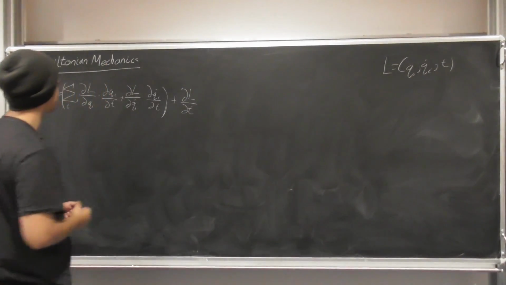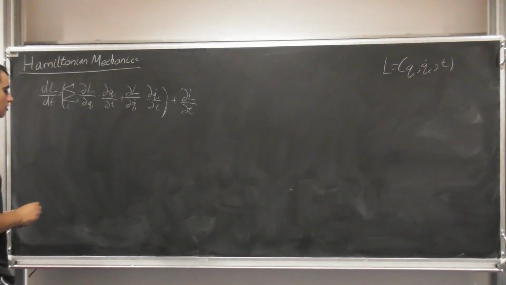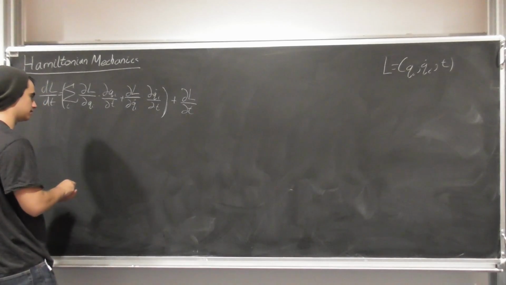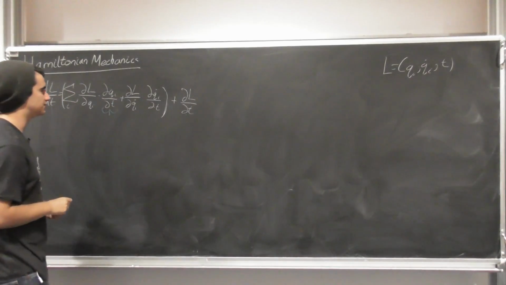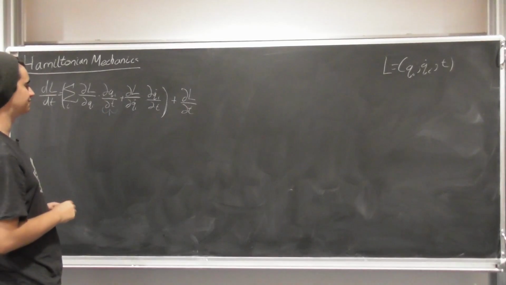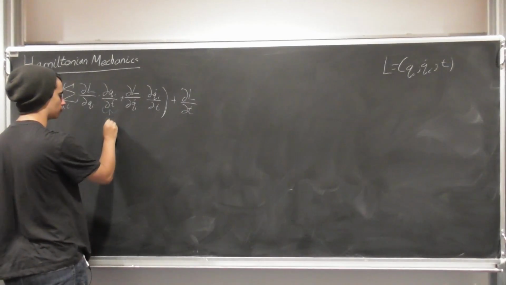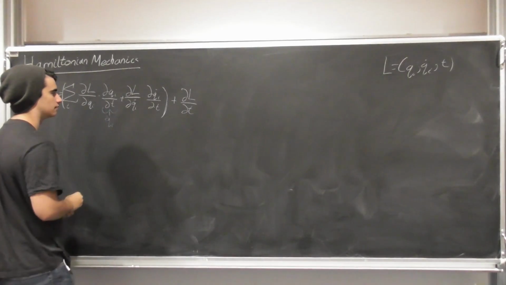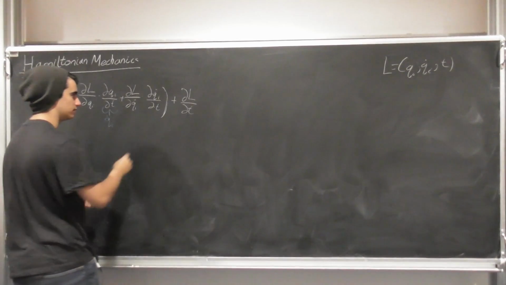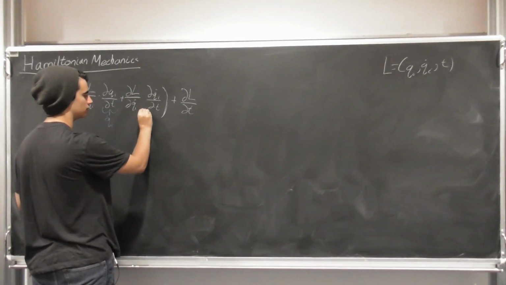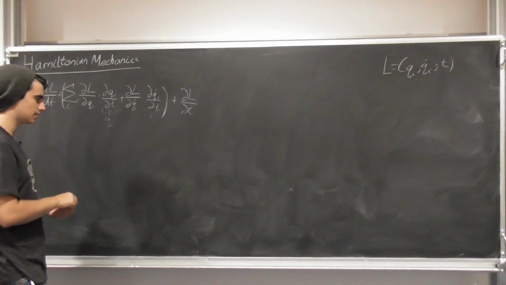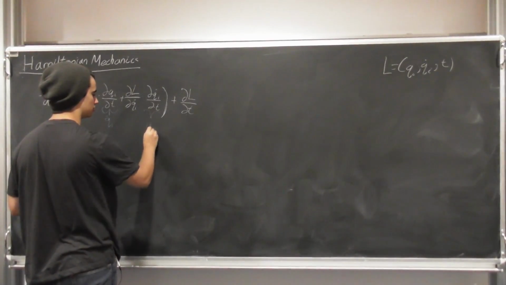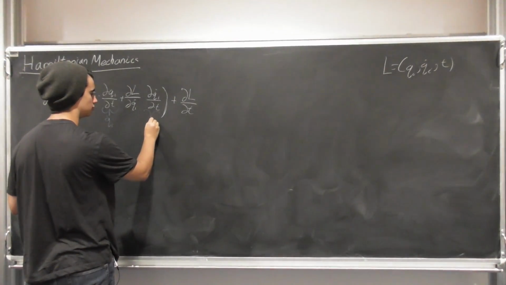Okay, so now that we have this, let's have a look at the different terms. We'll notice that this term here is the derivative of a coordinate with respect to time, and so that's nothing more than q sub i dot. Similarly, we'll have here the derivative of a velocity with respect to time, so that's going to be q sub i double dot.